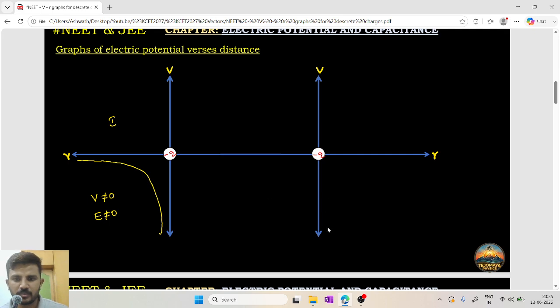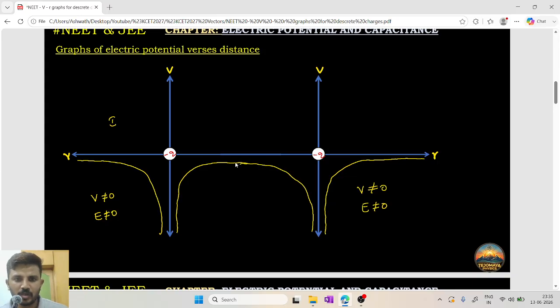If you come here, the electric potential varies like this. Okay, so electric potential is not 0. Electric field is also not 0 anywhere outside these 2 points. But between the two charges, the potential from the negative charge you take from the negative side and it comes this side, and the positive charge comes like this.